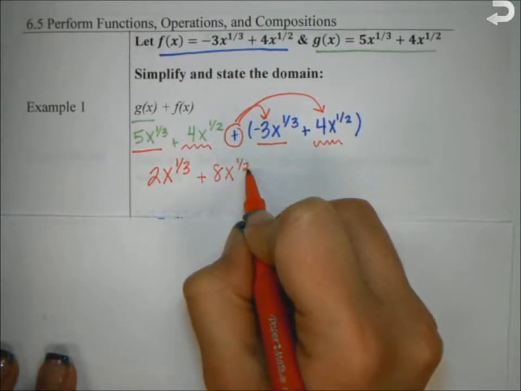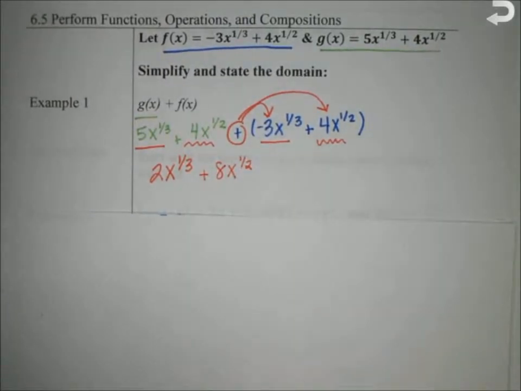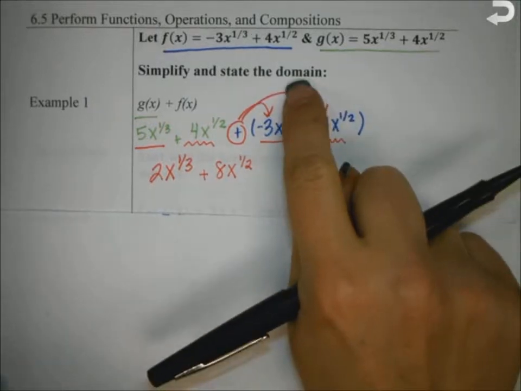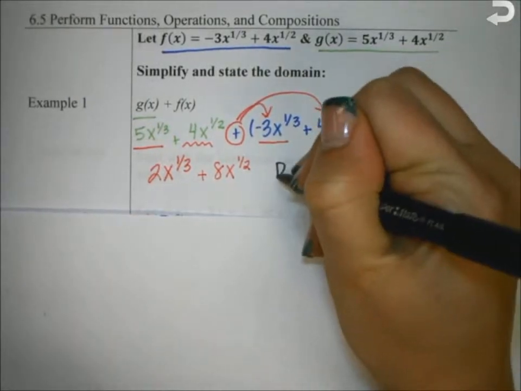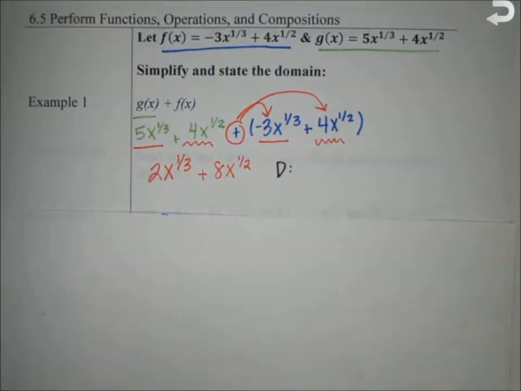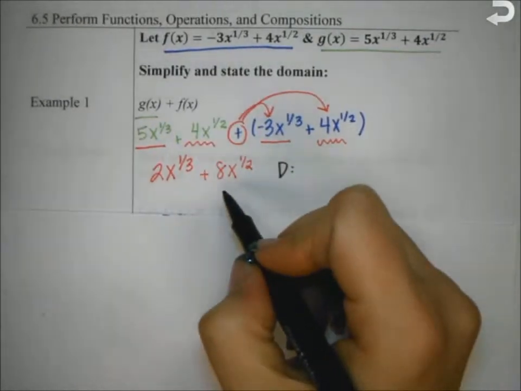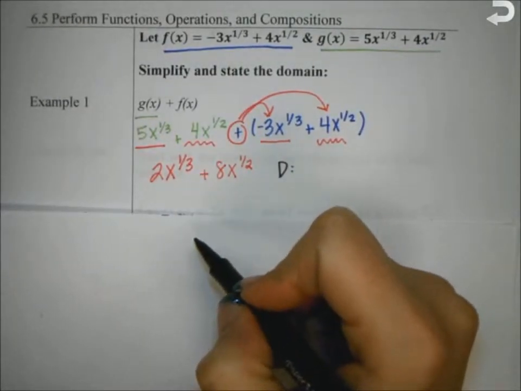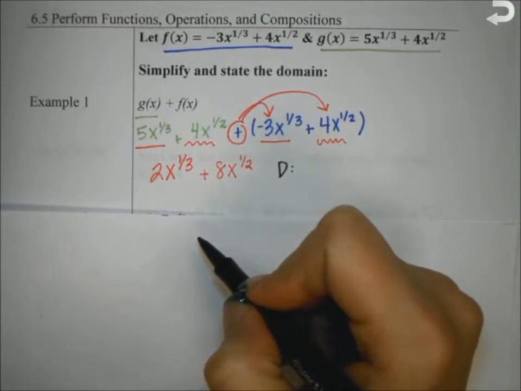Okay, we're also asked, though, in this problem to state the domain. So what would the domain be? Domain, remember, is all x's that make this possible. But we have to look at our problem here. I see something in here that's going to cause a problem for all real numbers. Does anybody else see what it is? It's this right here.